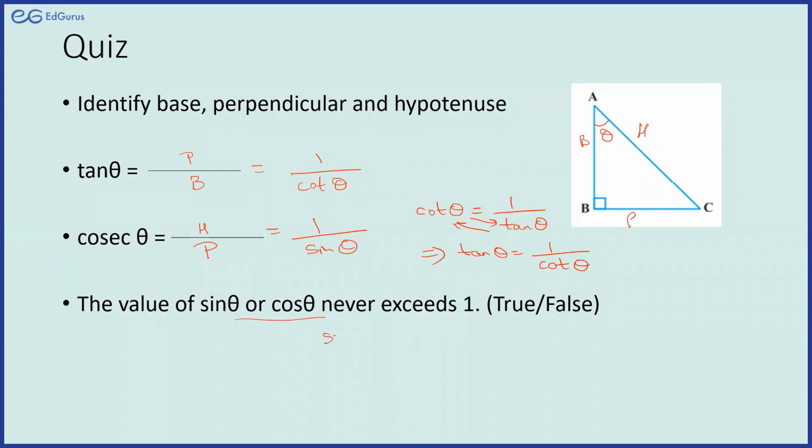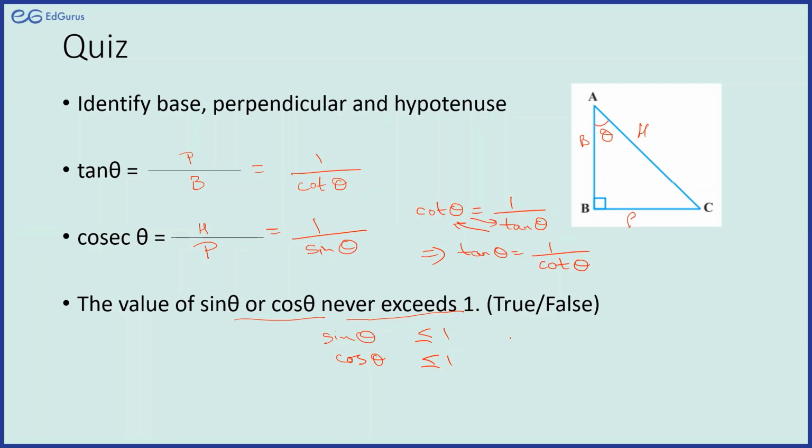That sin theta or cos theta is always less than or equal to 1. Is this statement true or false?